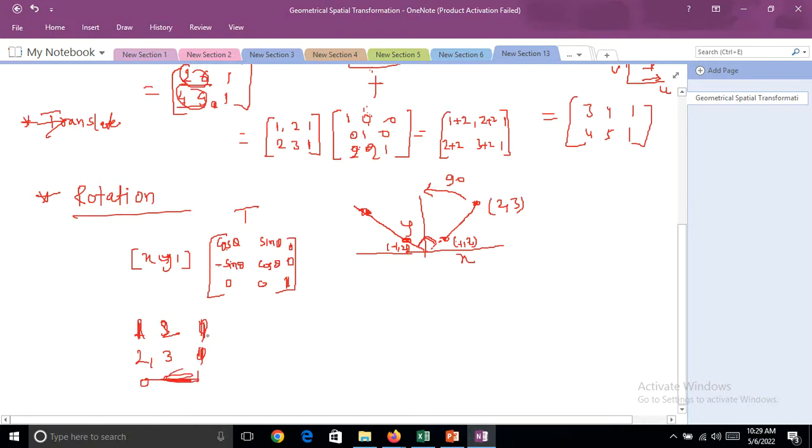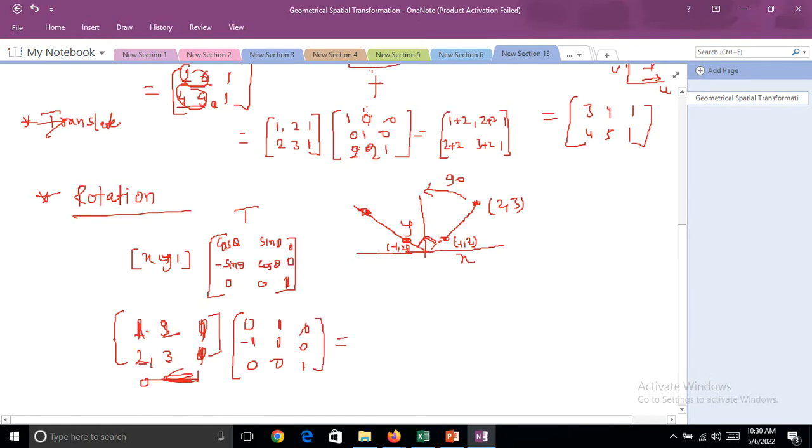That's it. So 1 2 1, 2 3 1. And cos 90, that is 0, sin 90, so -1, sin 90, cos 90 0, remaining all are 0 0, here it is 1.